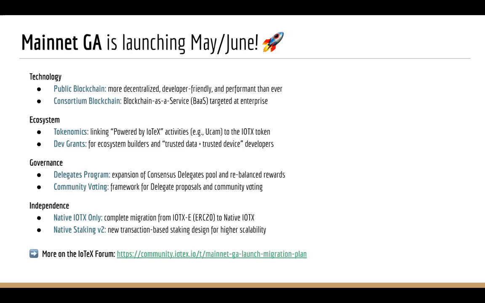A lot of the mainnet alpha, mainnet beta, and the subsequent code releases have been focused on public blockchain, as you've seen. But we're also launching something that's stemming from some of the enterprise activities that we've been working on, which is a consortium blockchain. It's a permissioned chain implementation. And unlike Hyperledger and things like that, it has a lot of new features that Hyperledger doesn't have, like user management.